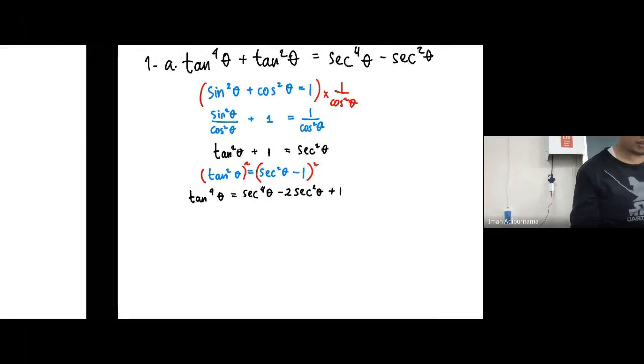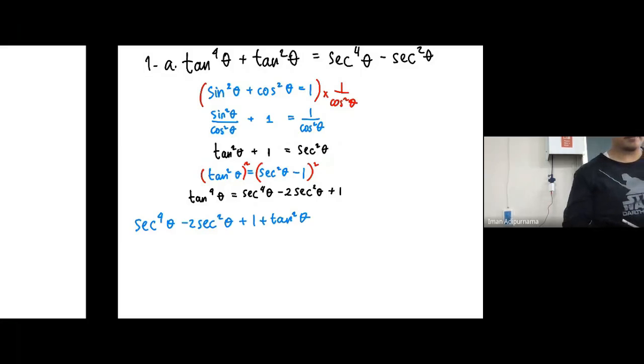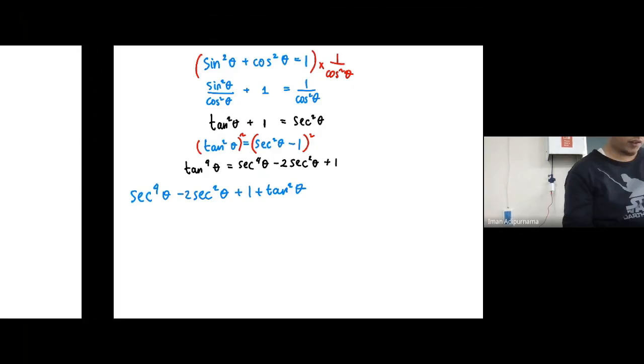So let's put all the information. I will change the left side. So secant 4 theta minus 2 secant squared theta plus 1 plus tangent squared theta. This is secant squared, right?